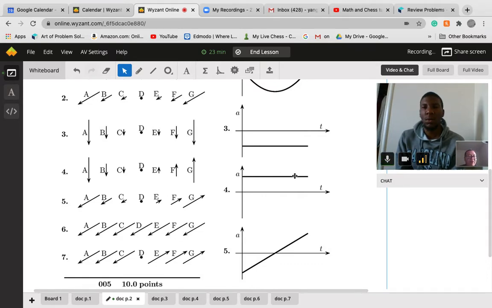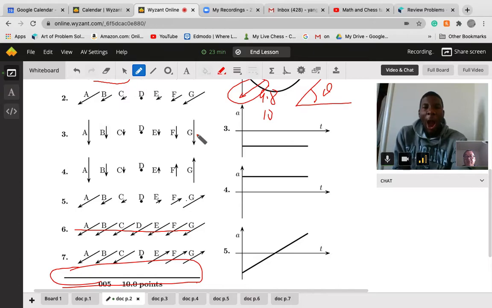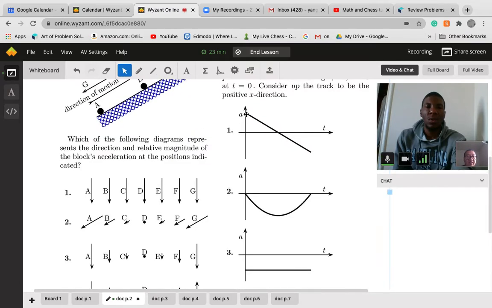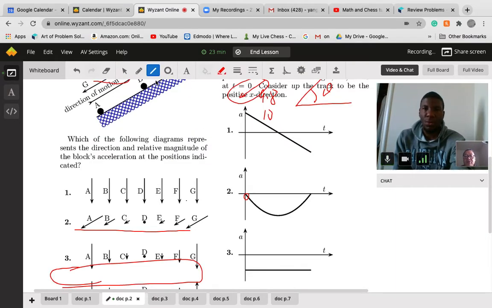Number 4, see, this is positive, above the x-axis, this a is positive, right? Number 1, let's check number 1. See, at time equals 0, this part is positive, but after this time it changes to negative. But actually our acceleration stays constant all the time, and it's a negative number. So which one do you think?